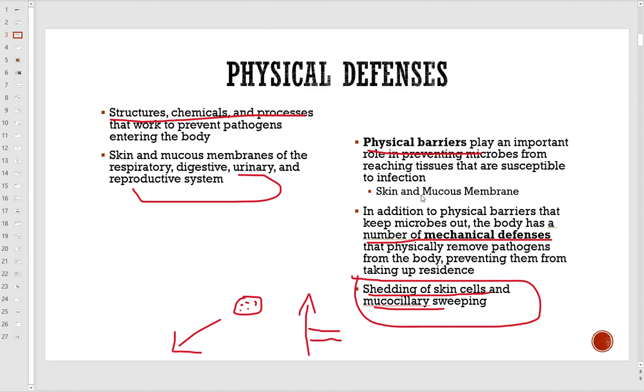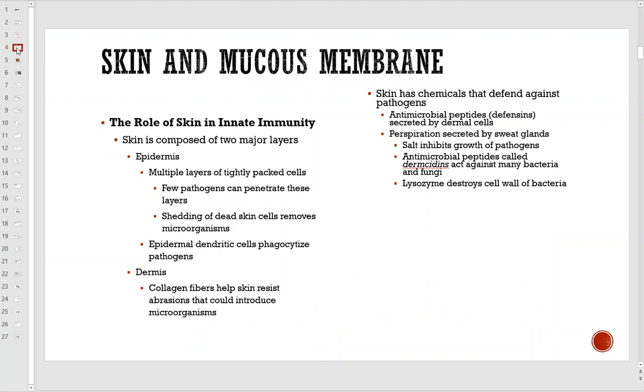So there's our physical barriers, both the skin itself, which remember is salty, it's dry, and we have these interlocking plates or cells rather that prevent the entrance of the bad guys into the inside of our bodies. Epidermis, tightly packed, shedding we talked about.